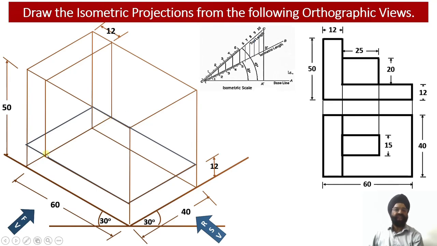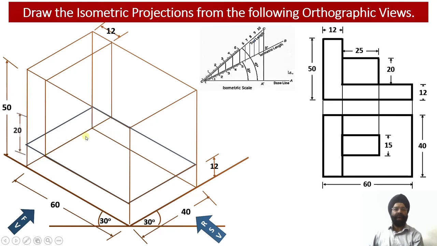Now how much width does it have? It has a width equal to 40 millimeter. As we look at the surface from the right hand side view, the midpoint will lie somewhere here. So this is my front surface, bottom.